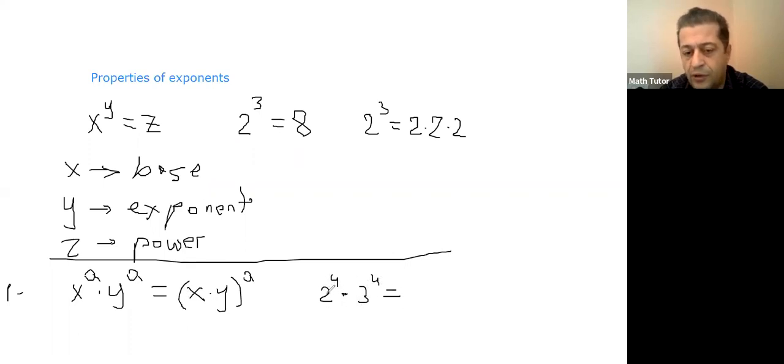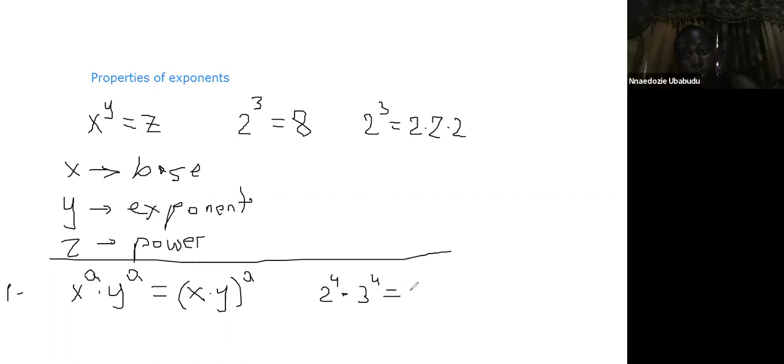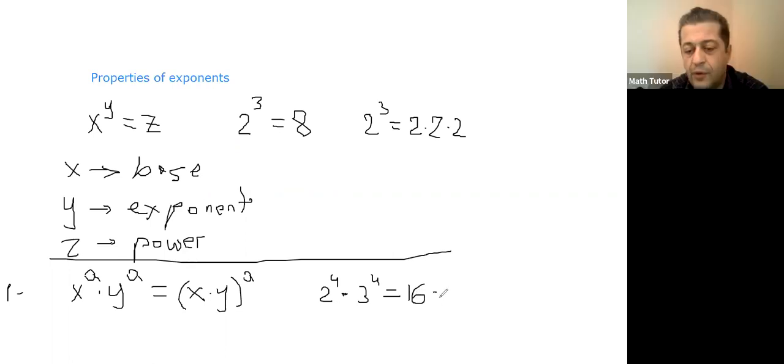The value of 2 at power 4: 2 times 2 is 4, 4 times 2 is 8, 8 times 2 is 16. And for 3 at power 4, we multiply 3 by 3, it is 9. 9 times 3 is 27, and 27 times 3 is 81.